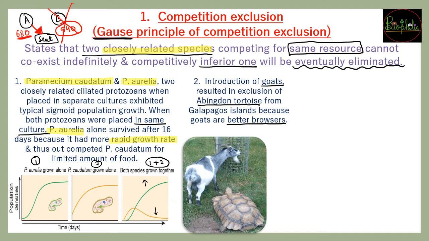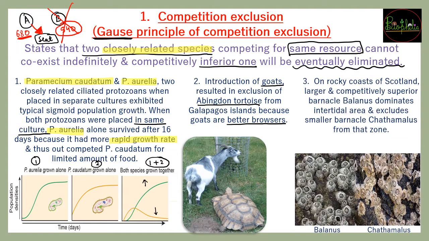So it is not able to get feed because goats are heavy grazers, वो बहुत जल्दी जल्दी घास उखा के खा सकती है. And because of that, the tortoise could not get its feed, or even it was slower in the reproduction, metabolism, हर चीज़ में slow है as compared to the goat.